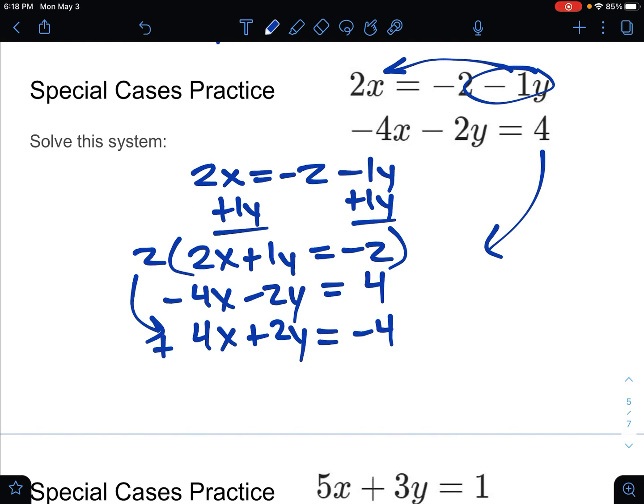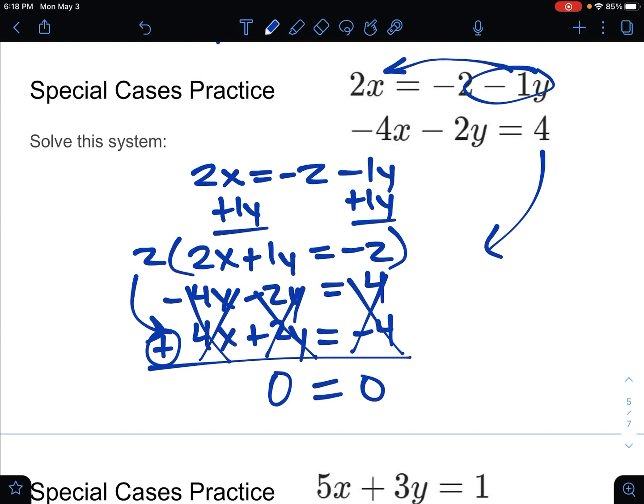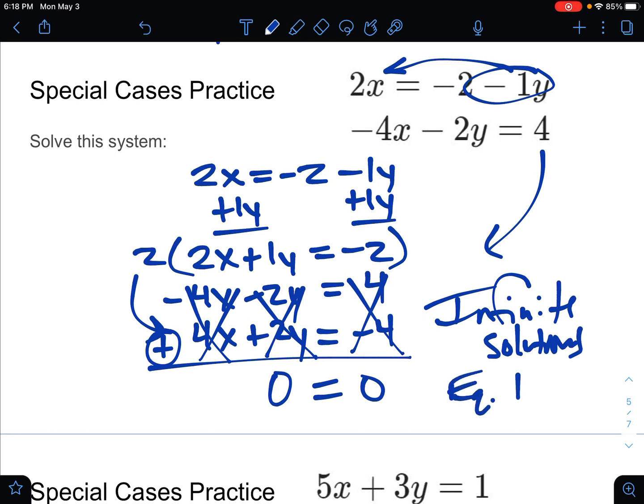Okay, so now if I add these two equations, let's see what happens. The x's make 0, the y's make 0, the right side makes 0. 0 equals 0. So what that means is these two lines are actually equivalent. So infinite solutions. These are equivalent lines. They're the exact same line.